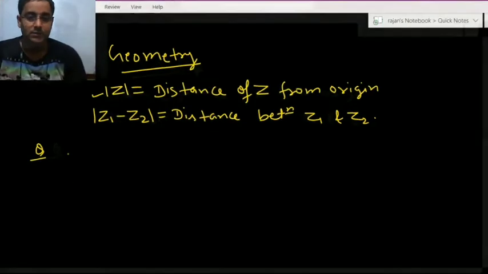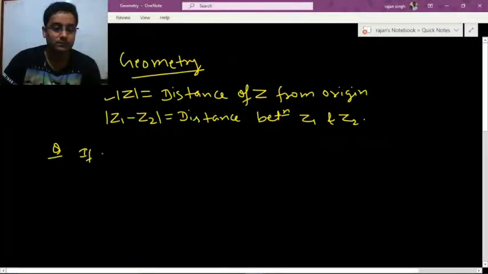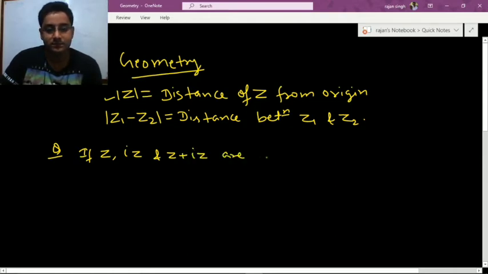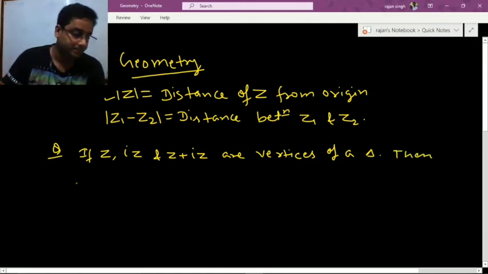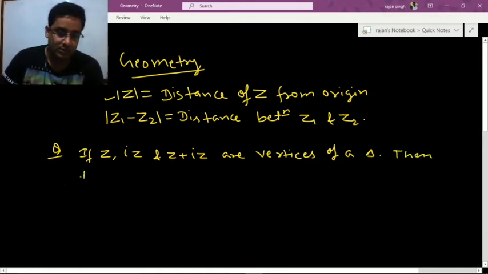The problem is: if z, iz and z plus iz are vertices of a triangle, then the triangle is what?